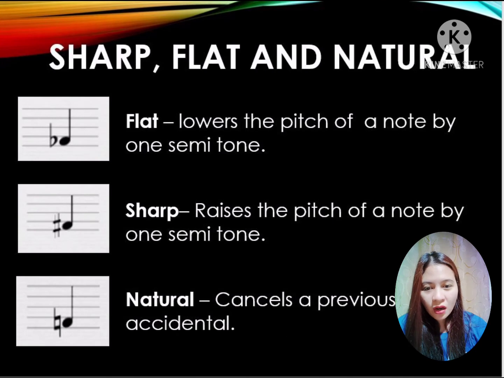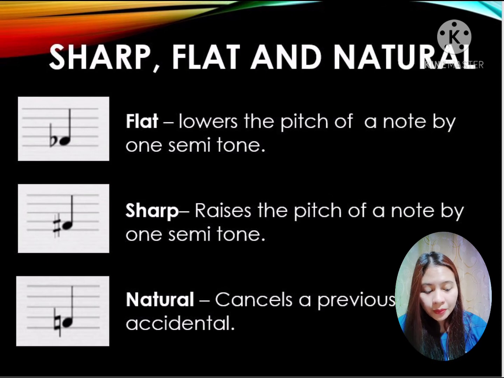So the next are sharp, flat, and natural. So flat lowers the pitch of a note by one semitone. The flat symbol is like the letter b, as we can see in the picture, beside the note. The next is the sharp. Sharp raises the pitch of a note by one semitone.